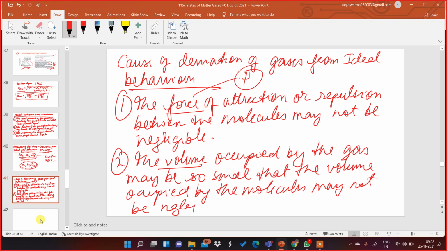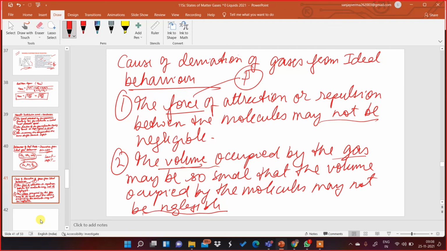So that is why there is a correction in the equation of state for real gases, and that's how we get the Van der Waals equation. Because of these two causes, the force of attraction not being negligible, and the volume occupied by the gas molecules not being negligible, this also has to be taken into account.